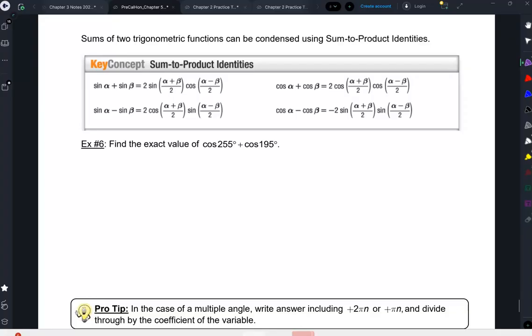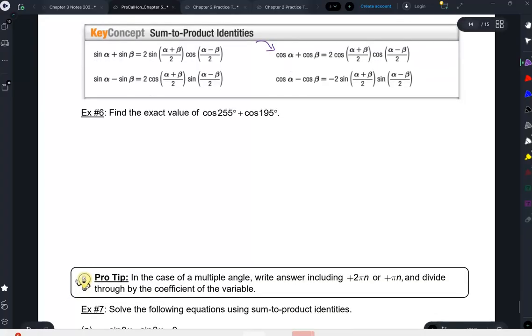Okay, so let's do this one. Find the exact value of cosine this plus cosine something else. So we're going to use which one? This one. Okay, so cosine 255, cosine 195, I don't know what these are, but let's see what this comes out to.